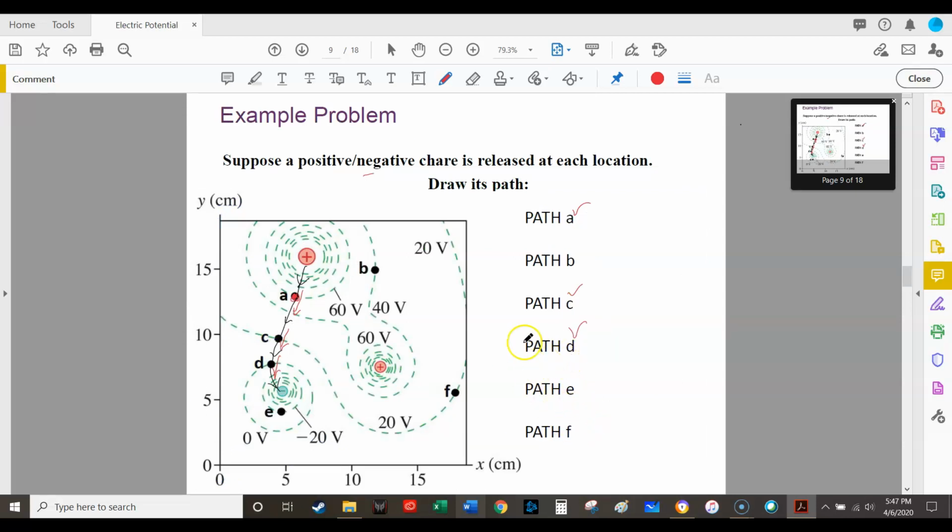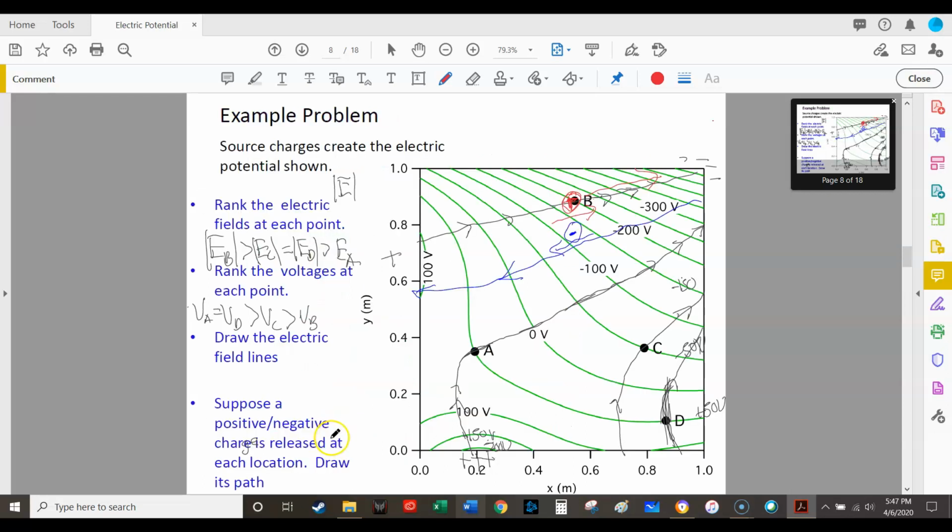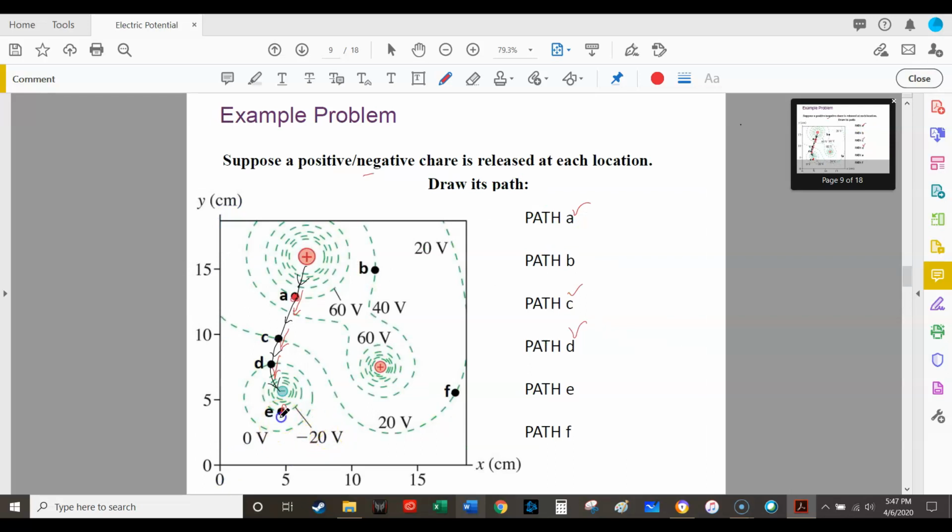A, C, and D. Suppose you put a positive charge right here next to this negative at point E. What would you find out? Well, it would go directly towards the negative. Remember, the electric field would be pointed towards the negative, away from the positive. So this electric field would be pointed directly towards it, and it would just go in that direction. So that's path E.